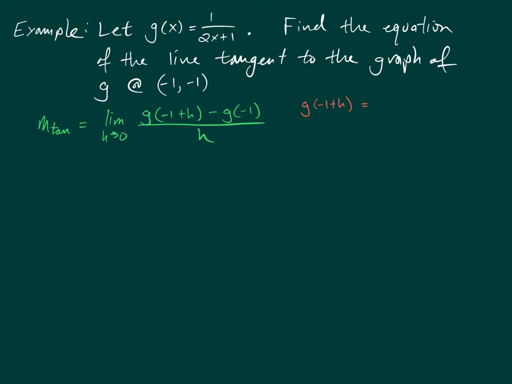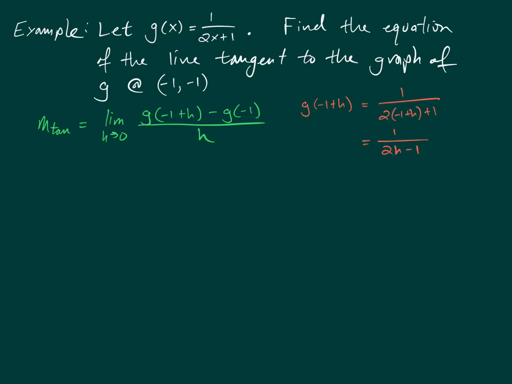Let me just write it down here. 1 over 2 times -1 plus h, plus 1. So when you simplify the denominator down, everything becomes 1 over 2h minus 1.